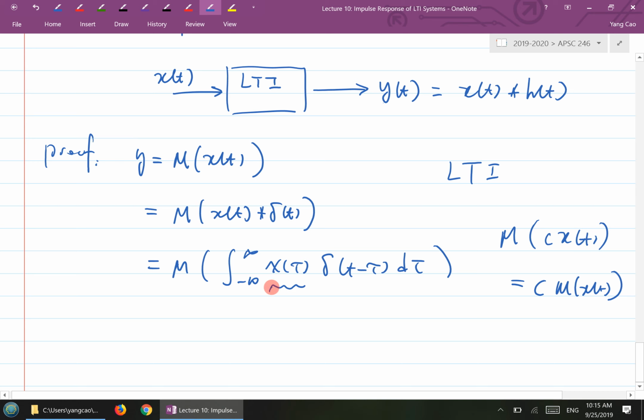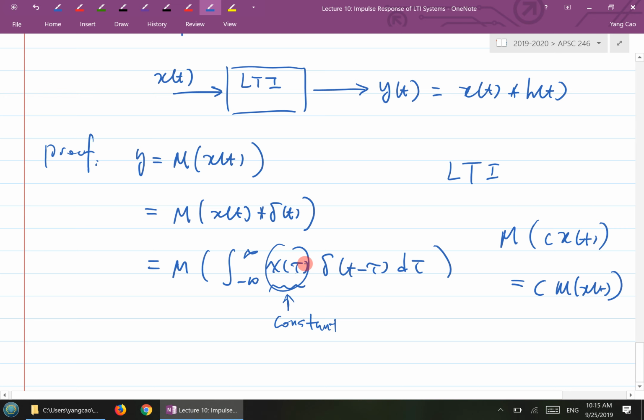If I look at this bracket here, I consider it a constant now, because this is t here. So this is a constant. How many constants? There are so many, an infinite number of constants here.